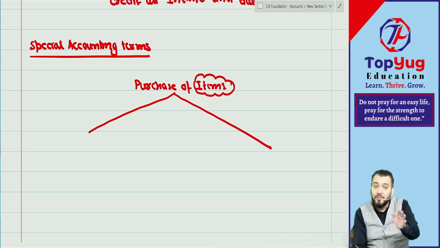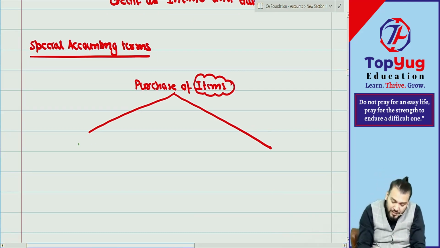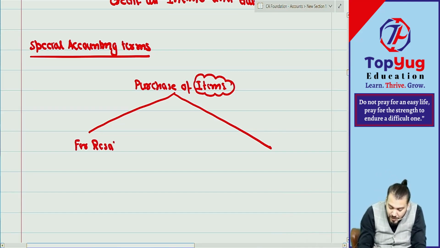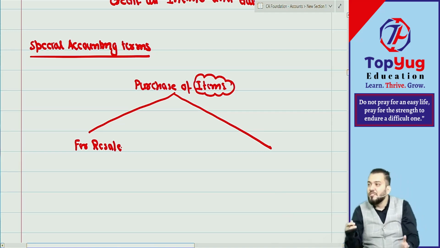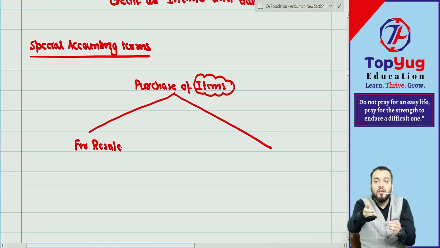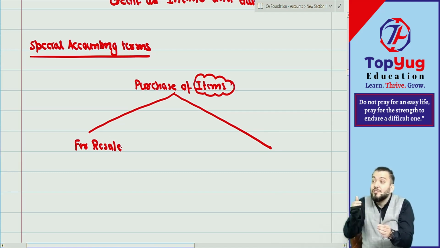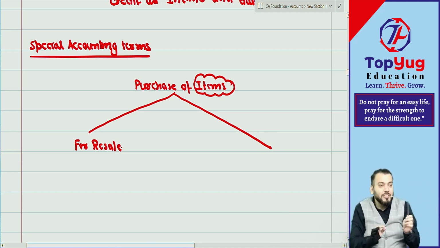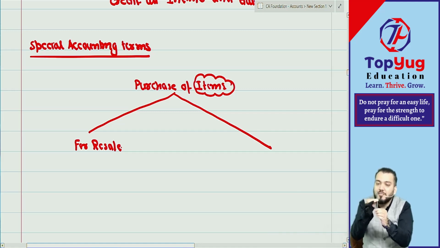Now, whatever item we have purchased, the objective is either resale or use. Understood what I am saying? You purchase a pencil to resell it, or you purchase a pencil to use it. There are two objectives. I will purchase this pen either to use it or to sell it.